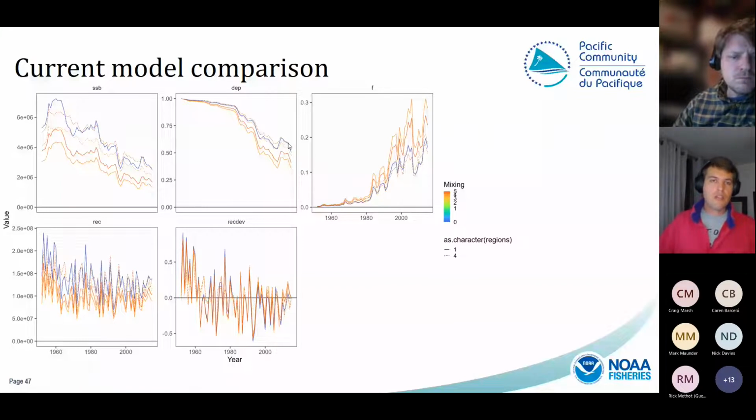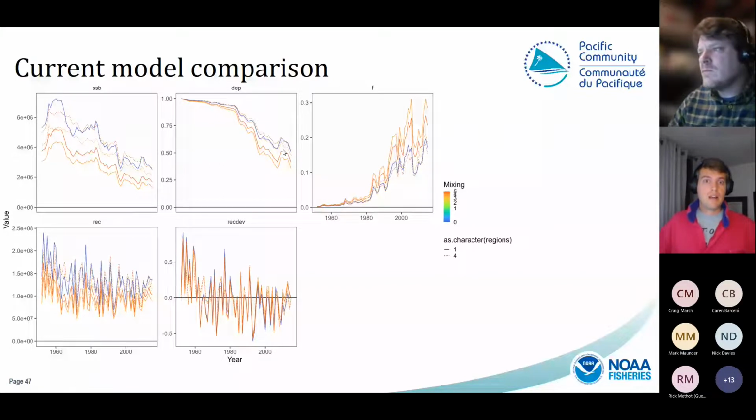What's going on there is that a few of the regions show very high levels of depletion, and then there's a couple of the regions, I think regions 3 and 4, that are less depleted, and kind of act as a buffer to where the action is happening in the fishery, and that gives you the phenomenon of that 4-region model having a slightly better stock status than the single region model, where effort is not compartmentalized spatially.